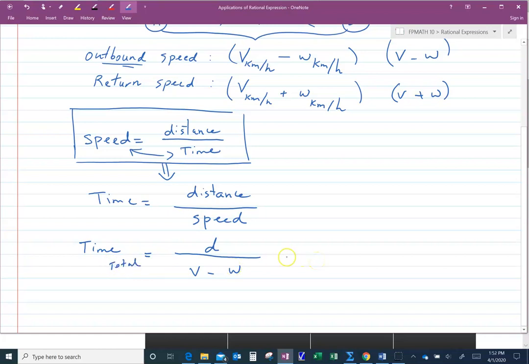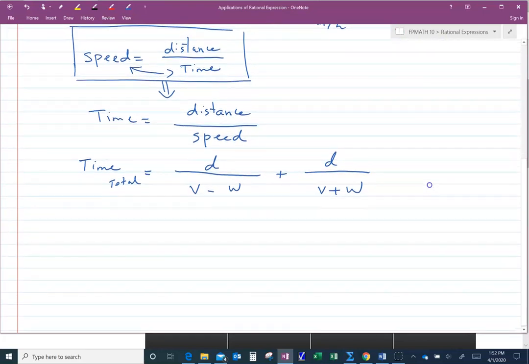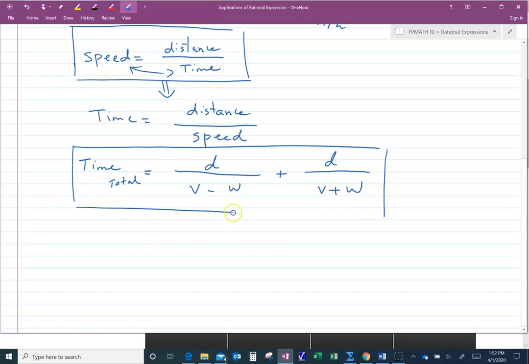And then we have to add the return, where the distance is the same, d divided by, this time, v plus w. So this is the expression of total time in terms of the distance and the outbound speed and the return speed of the aircraft.